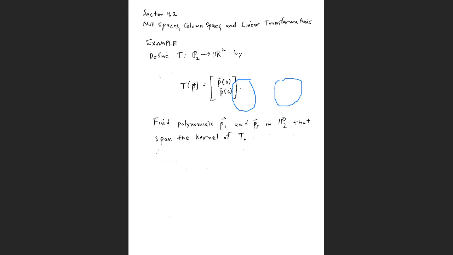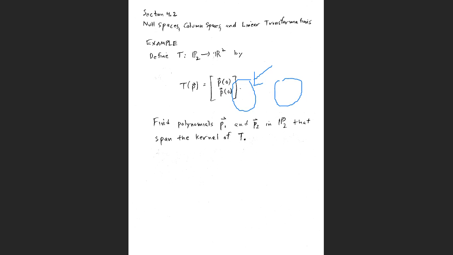What's P sub 2 stand for? What space is that called? Good, Haley, the polynomial space. So we're mapping polynomials to vectors. And what's the degree of the polynomials in P sub 2?